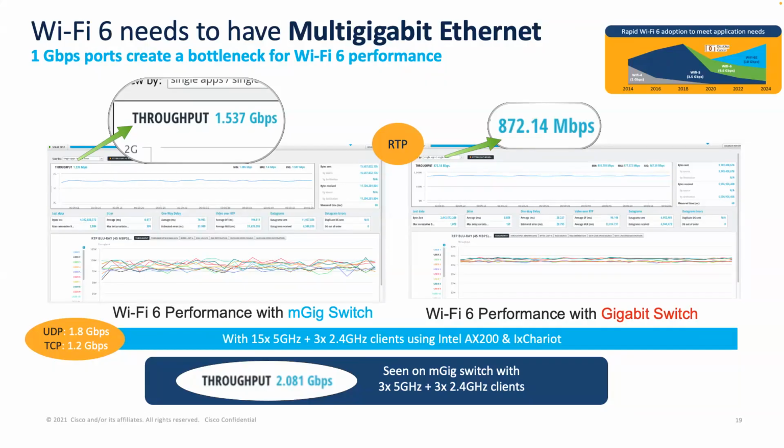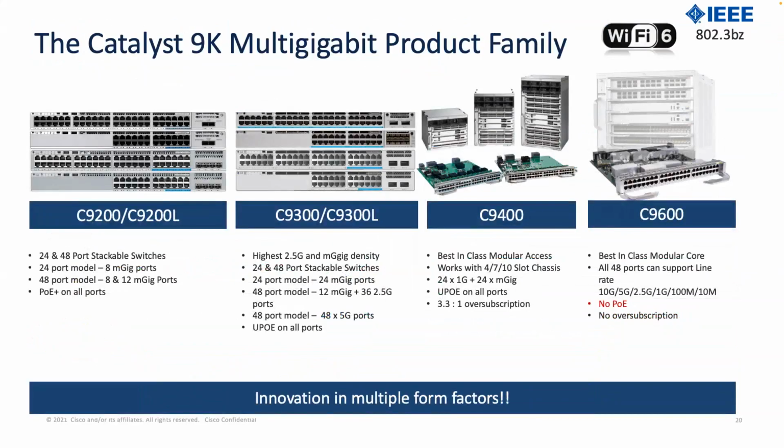So we do have a bunch of Cat 9K models that support multi-gig ports. Almost all Cat 9K series support multi-gig. The only exception is the 9500. As a core switch, the 9500 is very rarely connected to access points, right?